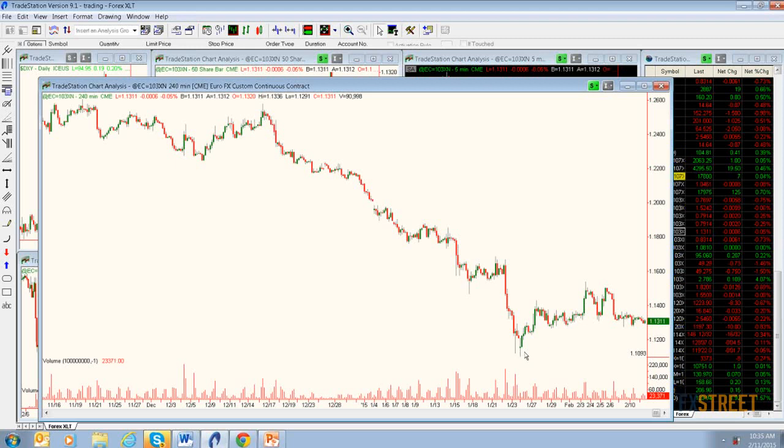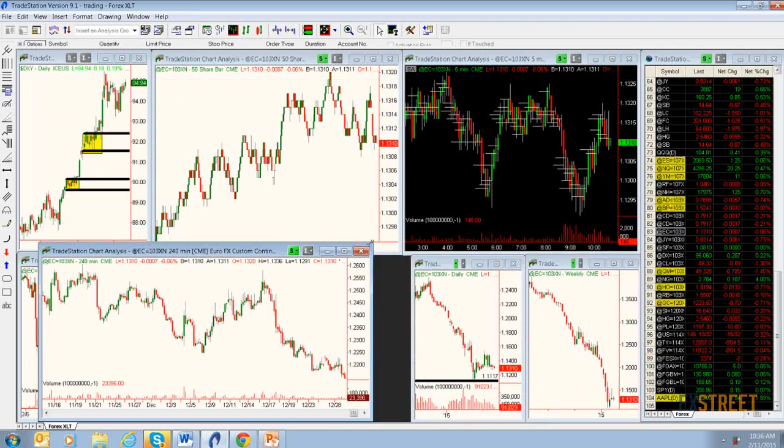Price takes out that low. Everyone thinks it's bearish and should now short. Their prices are going lower. We've got a breakout to the downside. But what's nice is that's going to happen right into a demand zone. Okay? All right. So watch for that. That's a pretty good opportunity there for the euro.